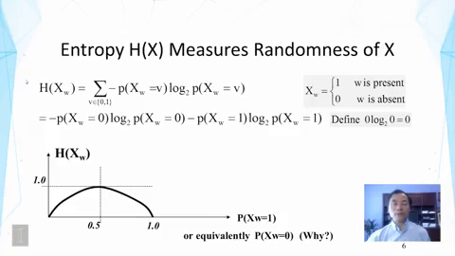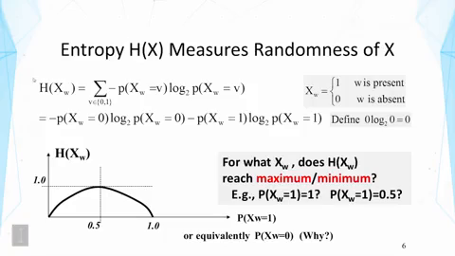Now, if we plot the function against the probability that x is taking a value of 0, the function would show exactly the same curve. And you can imagine why. That's because the two probabilities are completely symmetric.